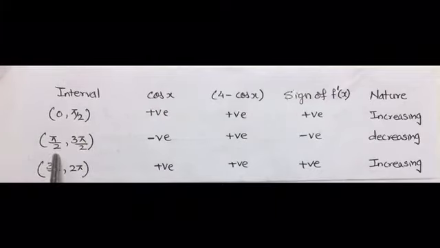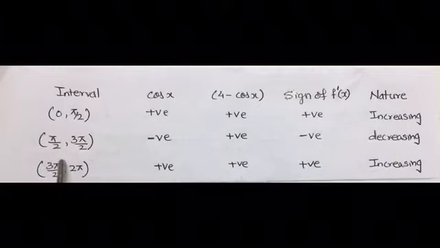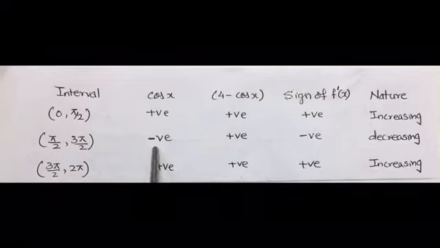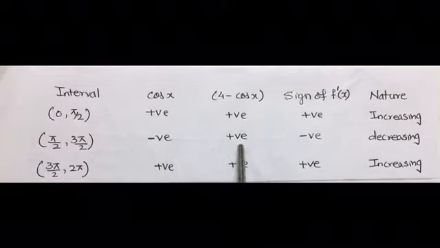Taking up the second interval, pi by 2 to 3 pi by 2, cos is negative in the second and third quadrant, so it will be negative here. 4 minus cos x always remains positive. So negative into positive is negative, so decreasing.